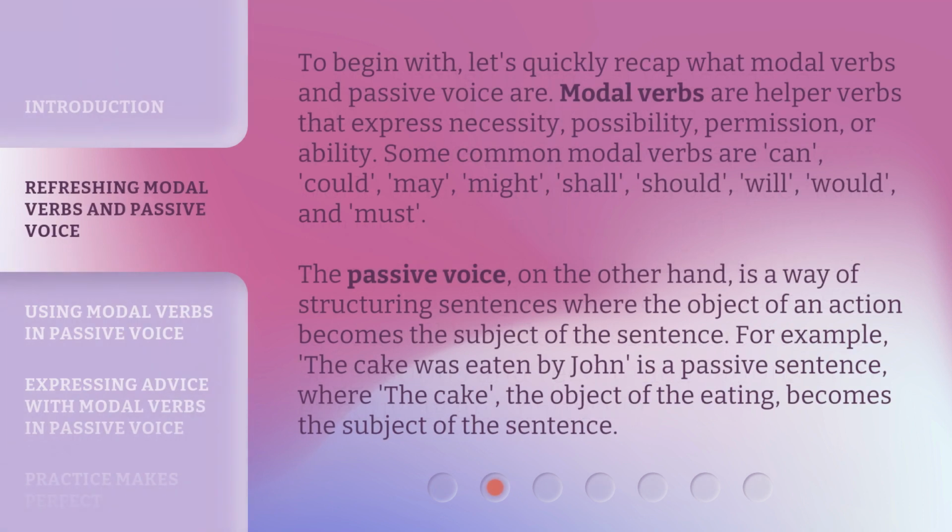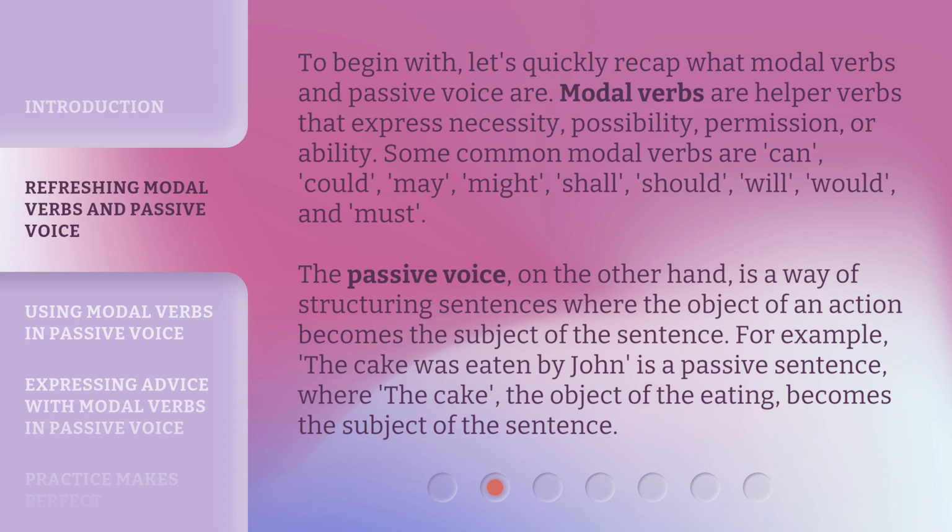To begin with, let's quickly recap what modal verbs and passive voice are. Modal verbs are helper verbs that express necessity, possibility, permission, or ability. Some common modal verbs are can, could, may, might, shall, should, will, would, and must.